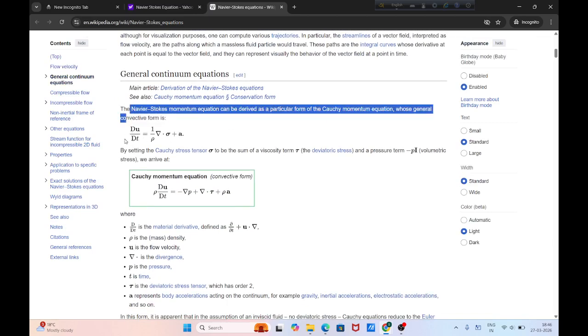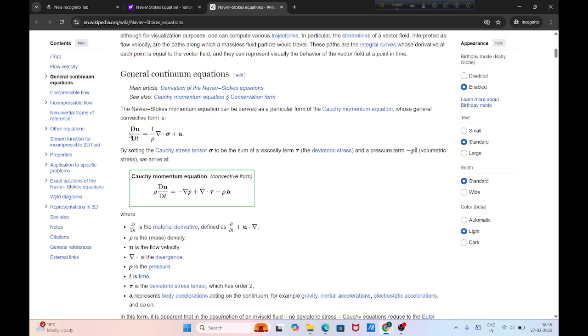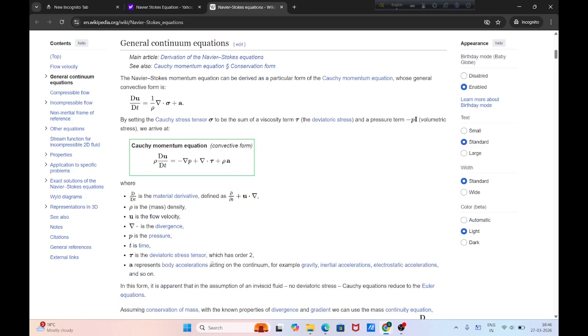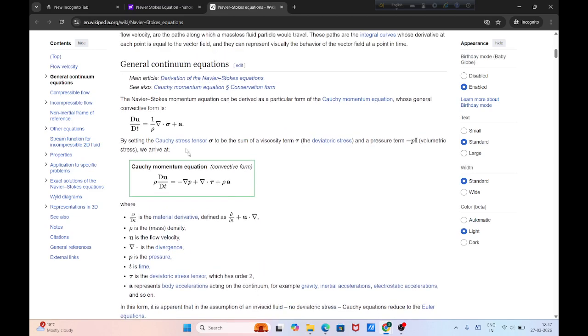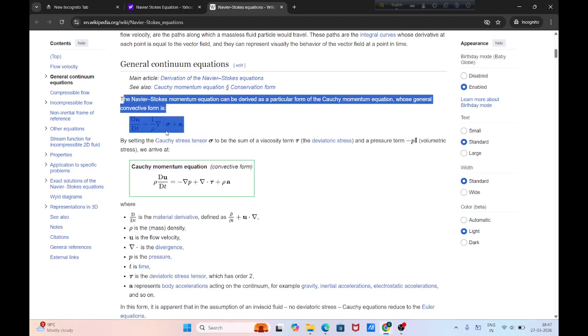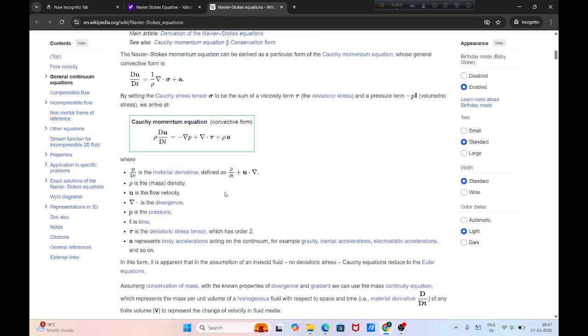That is the first equation, in which the acceleration du/dt is the summation of the viscosity and the pressure terms. They have taken both into account, and A represents the body acceleration acting on the continuum, so it is the external force or external acceleration.